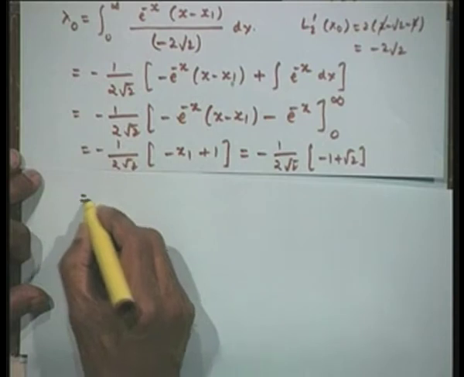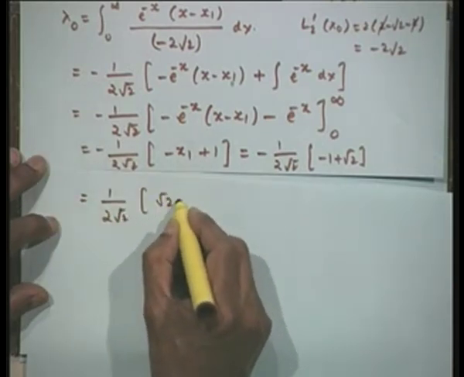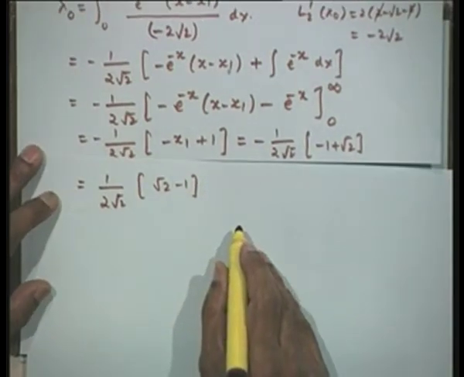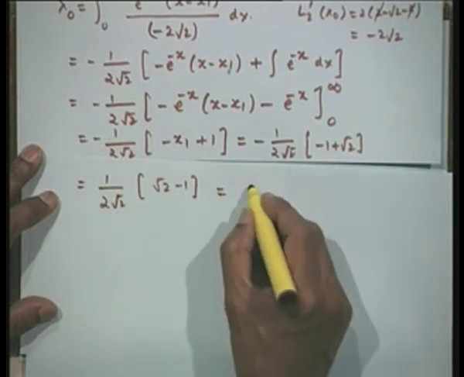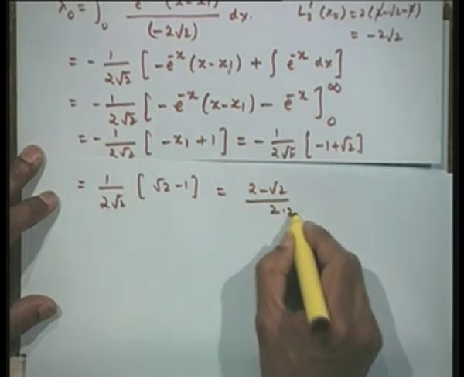I will write down one more step: 1 upon 2 root 2 into (root 2 minus 1). I have taken the minus sign inside, and let us remove this root 2 from the denominator. So, I will multiply that, that is 2 minus root 2 by 2 into 2.